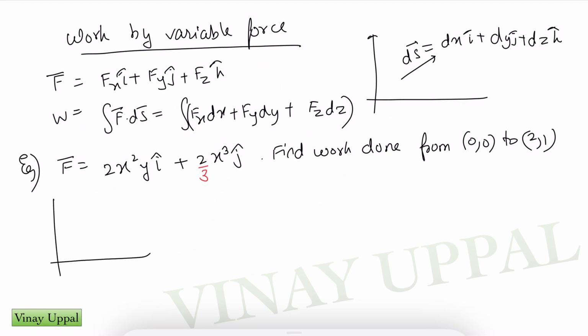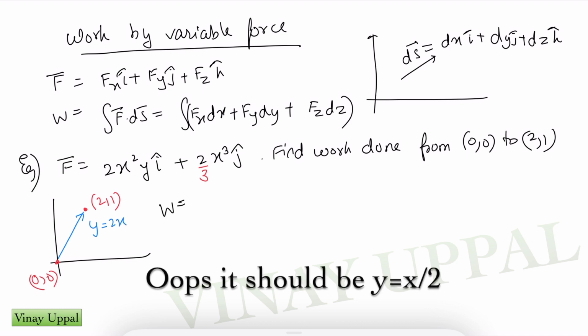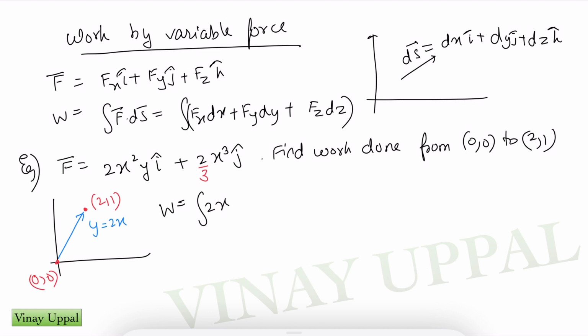Because I can take any path, what will be convenient is to take a straight line path. So let me just go straight from the origin to 2, 1. So the path taken would be y is equal to x by 2, and therefore the work done would be fx dx, so 2x square y dx plus fy dy, so 2 by 3 x cube dy.